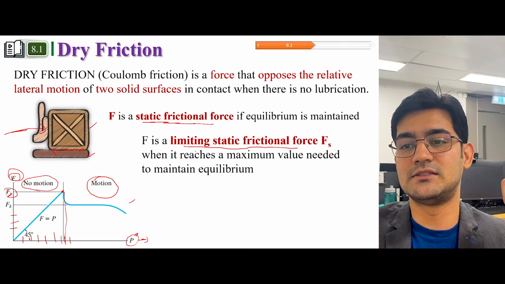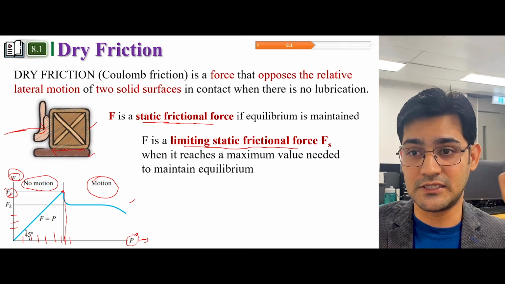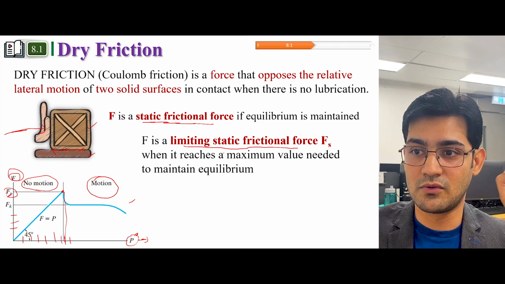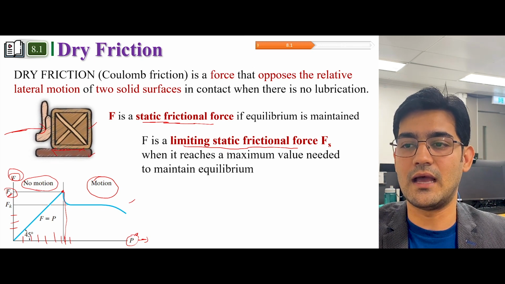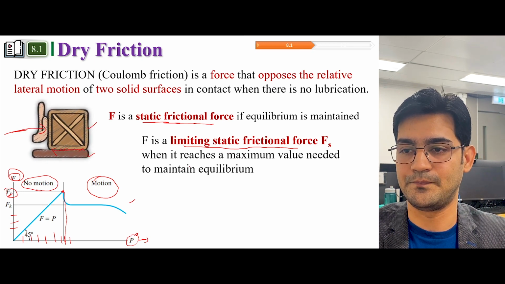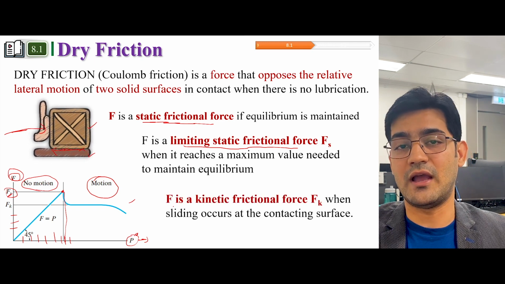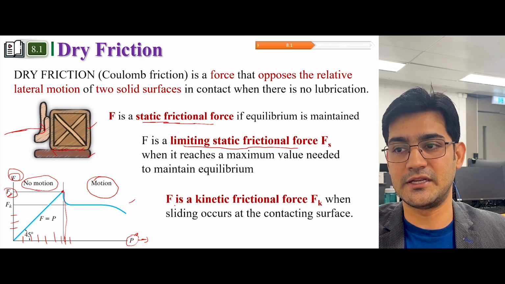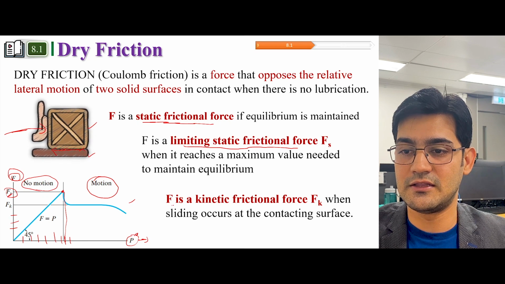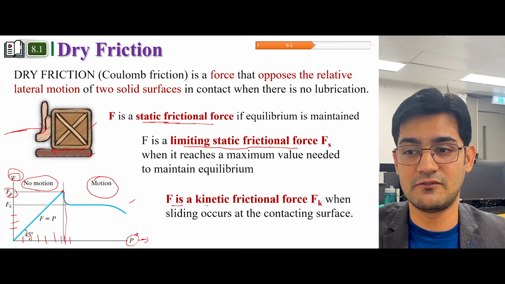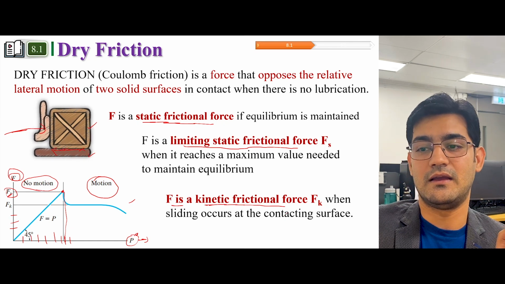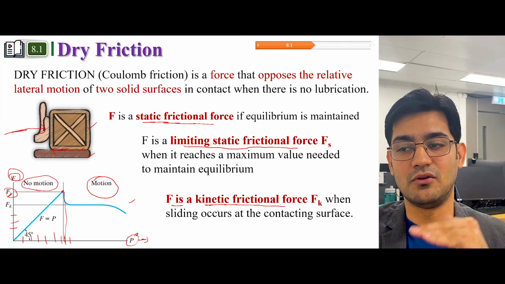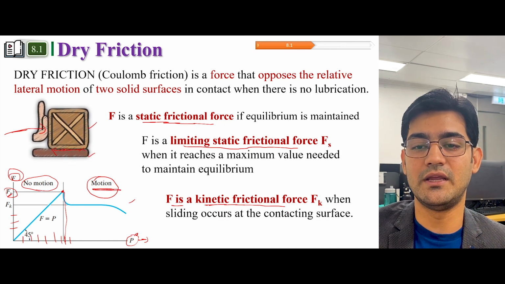So basically, it's the maximum resistive force that a rigid body can maintain without being in motion. Now, if you have a load more than this limiting static frictional force, then this frictional force would be called kinetic frictional force, and at that applied load, the rigid body would be in motion.